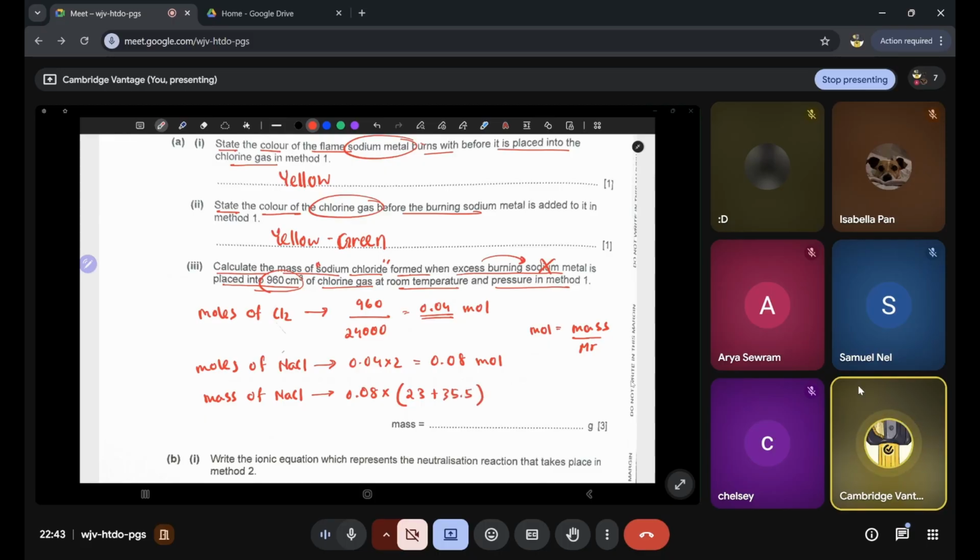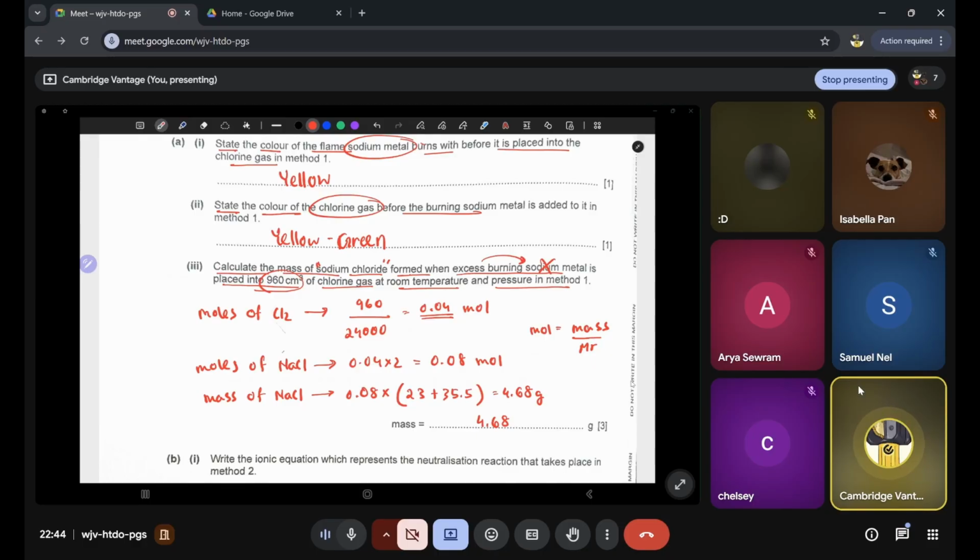So it's just 23 plus 35.5 for the Mr. Now if you were to calculate this, 0.08 times 23 plus 35.5, the value that I end up with is 4.68, and this is most definitely in grams. So the mass of sodium chloride obtained is 4.68 grams.